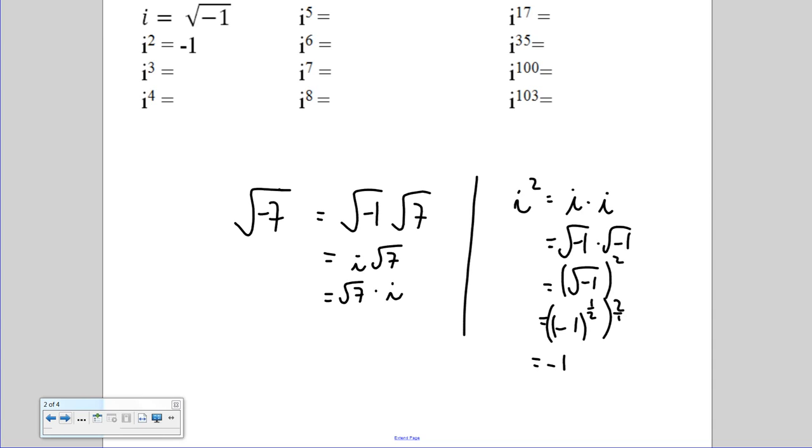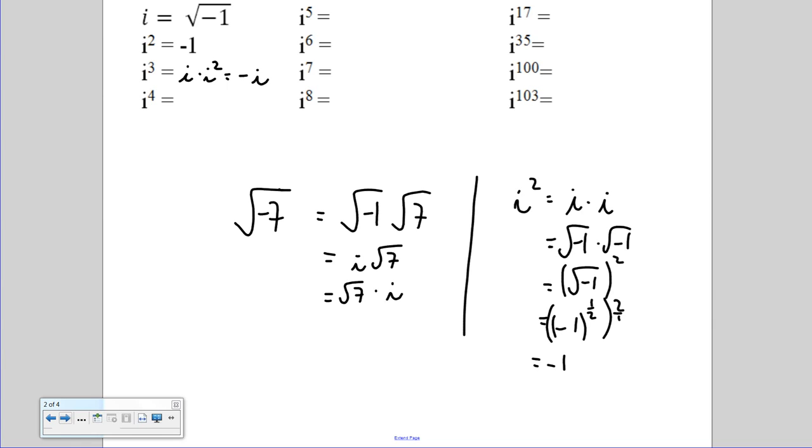Now, if we go back and look at i to the 3rd power, i to the 3rd power is the same thing as i times i squared. I know i squared is -1, so that becomes -1 times i, -i.